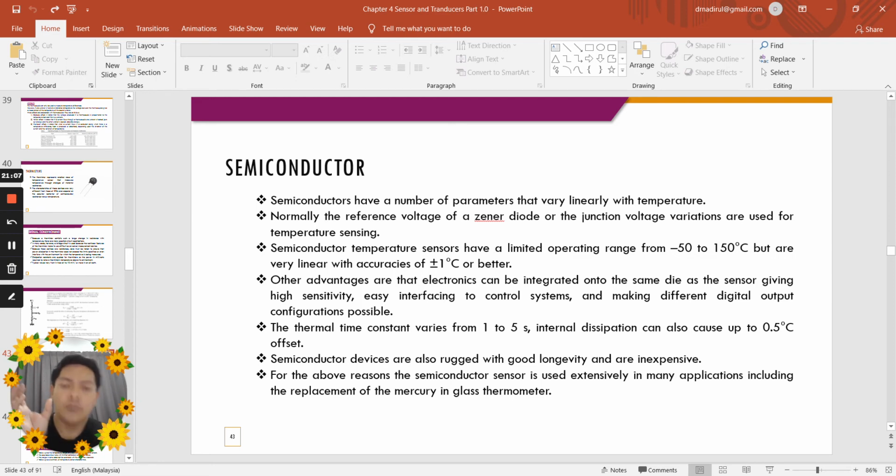For the above reasons, the semiconductor sensor is used extensively in many applications, including the replacement of mercury in a glass thermometer. Due to its durability, sensitivity, accuracy and efficiency, the semiconductor is now replacing a lot of temperature sensors because it is preferred by the market due to its durability, high sensitivity, and so on.